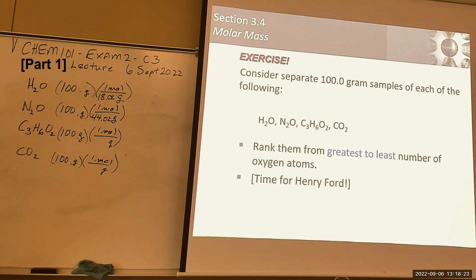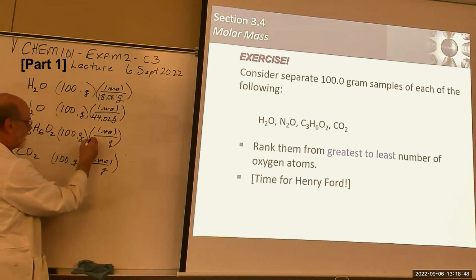Ooh. 3 times carbon. Carbon is 12.01. And hydrogen is 1.01 times 6. Just add them together. 3 times that, 6 times that, add them together. And then 2 oxygens is 32. 74.09.